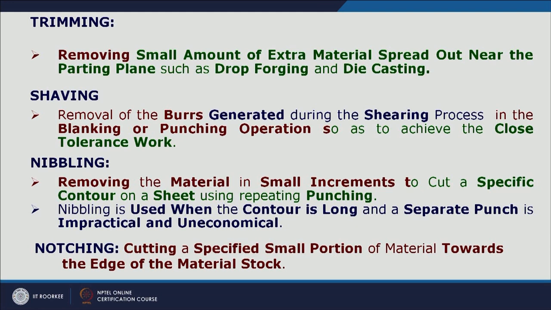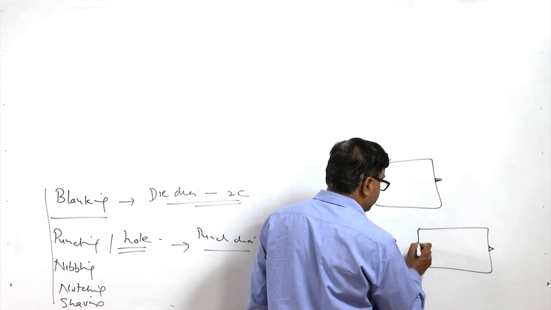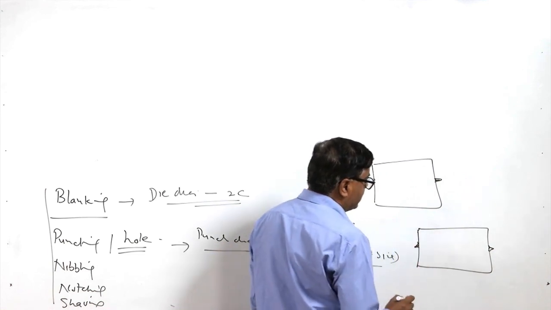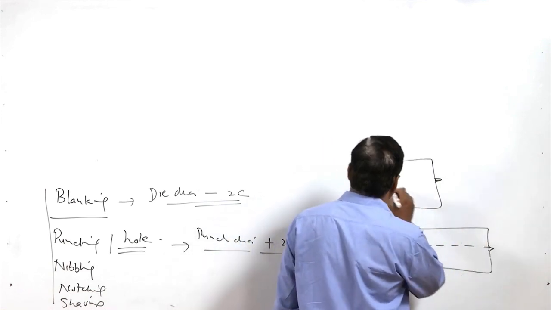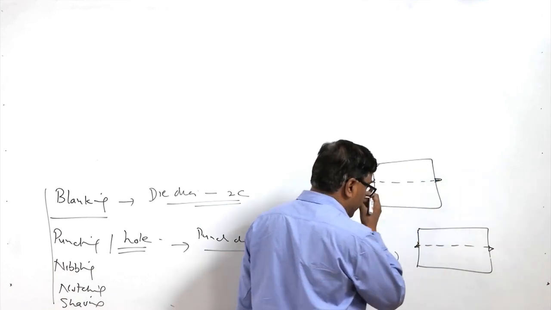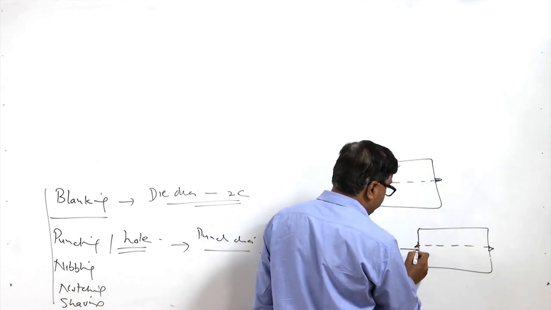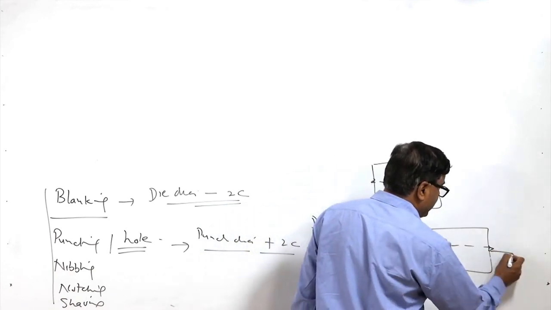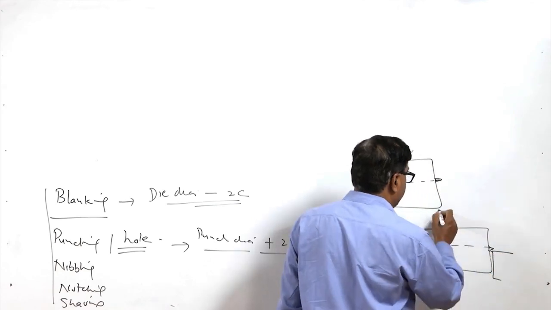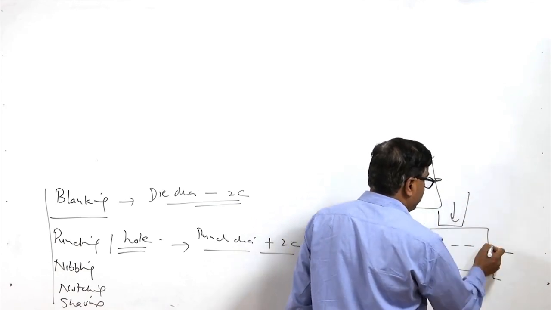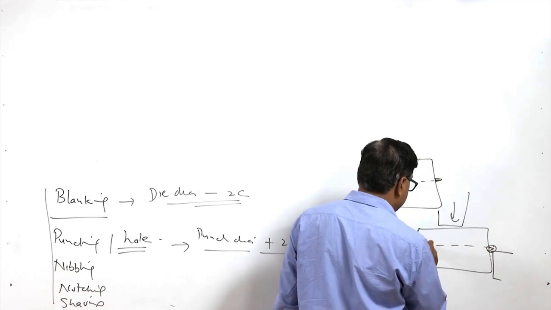In case of casting also, cope and drag, when the two parts are used, some extra material gets deposited near the parting line. All this extra material needs to be removed, and for this purpose it is placed over the die and then the punch is applied so that this extra material is removed.